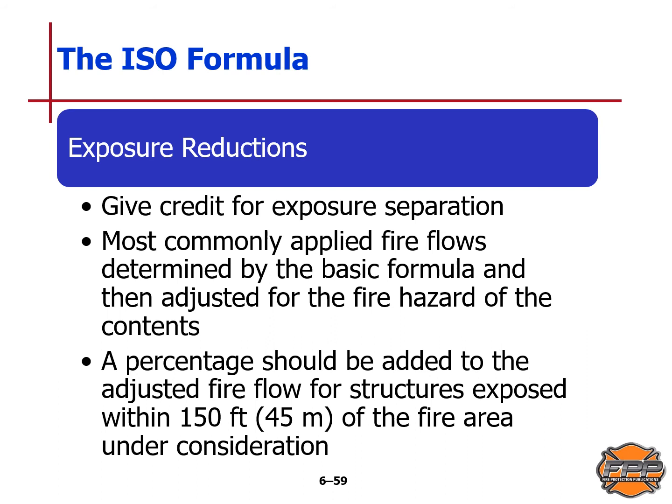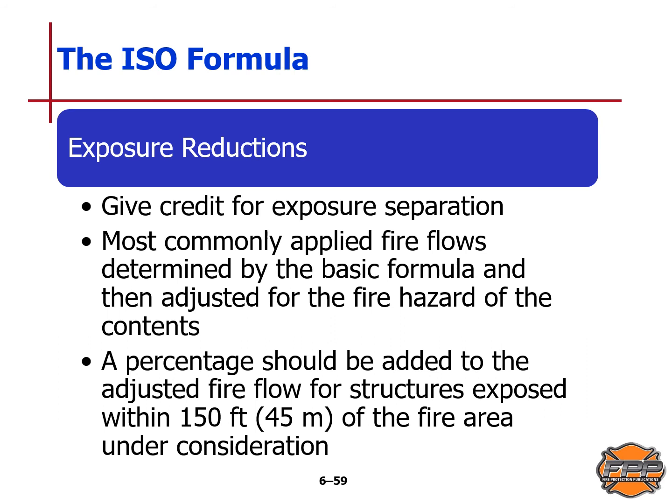So you want to give credit for exposure separation, and this is most commonly applied to fire flows that are determined by the basic formula and then adjusted for the fire hazard of the contents, as I just said. A percentage should be added to the adjusted fire flow for structures exposed within 150 feet or 45 meters of the fire area under construction.